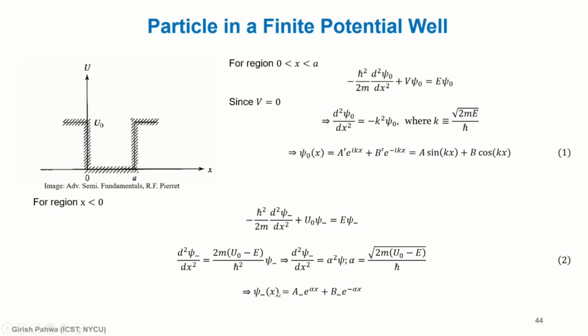Now what did we say? The wave function has to be finite everywhere. In fact, it can be proved that if you have a finite potential at x equal to infinity or minus infinity, the wave function should actually go to 0. From the Schrödinger equation, you can prove it.